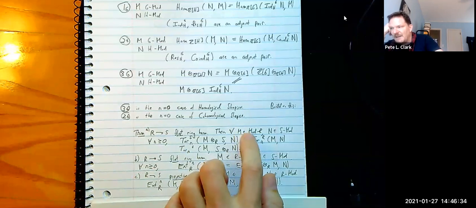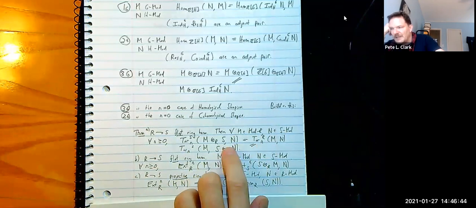So if I have a right R module M and a left S module N, then the adjunction between the Hom and the tensor is propagating its way up to the Tors is what's happening here.